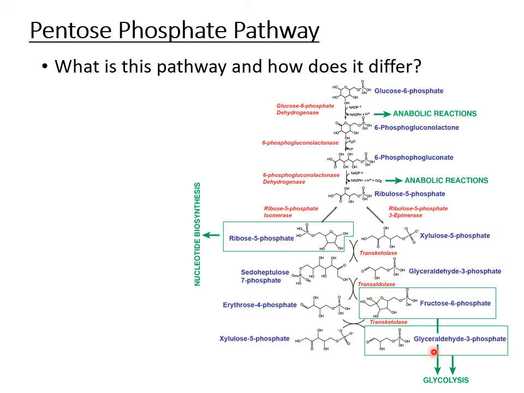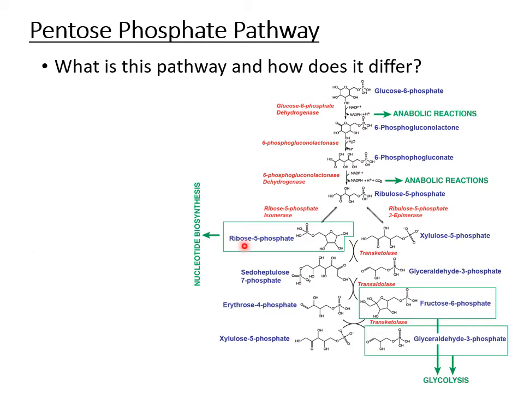As you can see here, we have glycolysis labeled over here, whereas the pentose phosphate pathway, as the name suggests, instead of the goal being making ATP, energy for the cell, has the main goal of making a pentose such as ribose or its derivative deoxyribose.